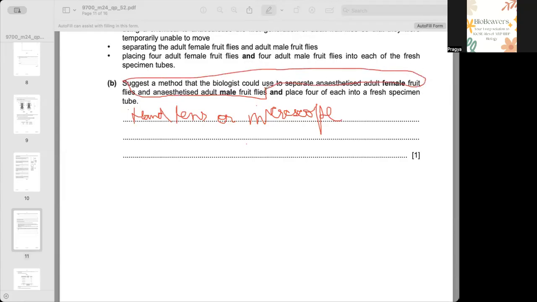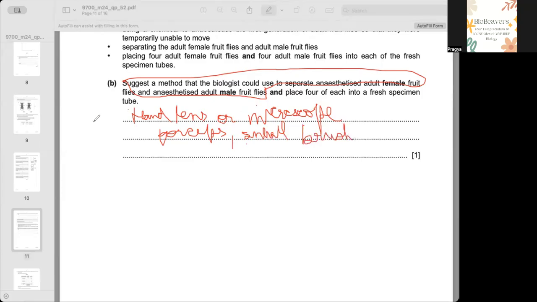And now you have to place each of the fruit flies. Obviously, as you know, fruit flies are very small. If I'm just going to pick up with my hand, it's going to get squished. So we either use forceps or a small brush to pick the fruit flies.